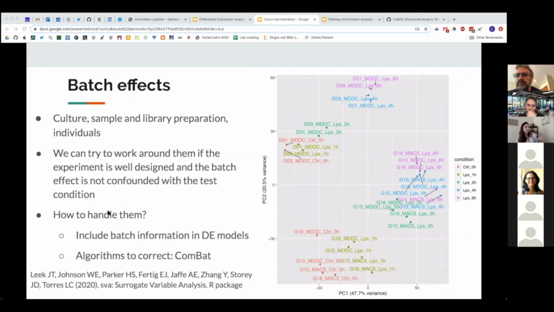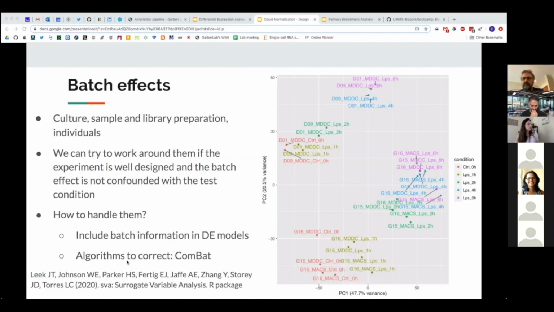So how do we handle this? Because it's not confounded with my experiment, so I have all the time points for each donor, and it's mostly the donor effect that I want to get rid of, I can include the batch information in the DE models. This is something that I highly advise you to do, and Alper can talk about it later when he's explaining the browser.